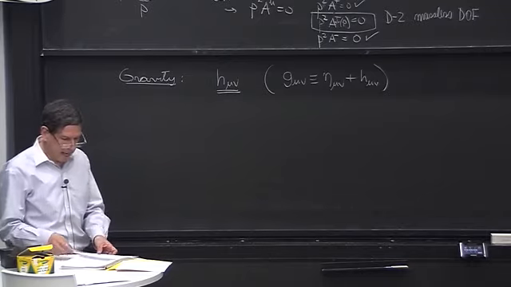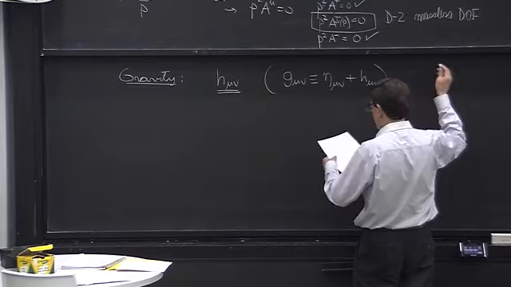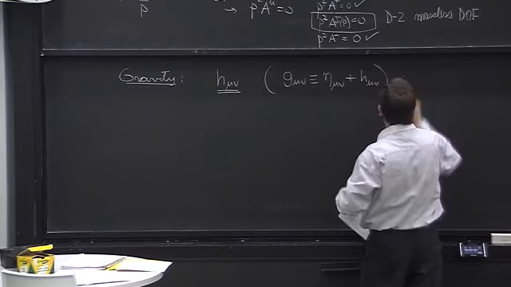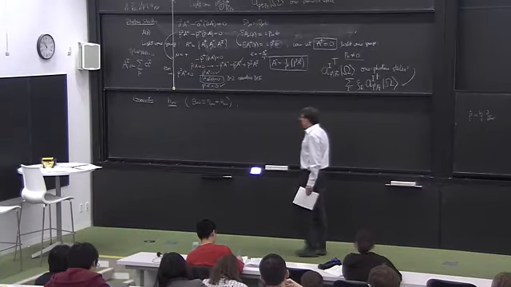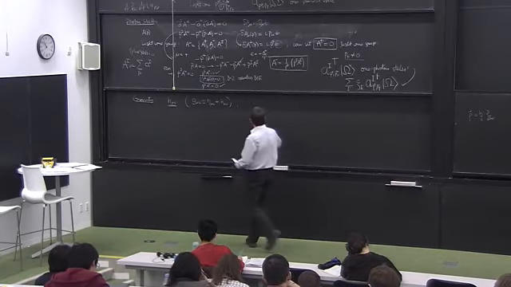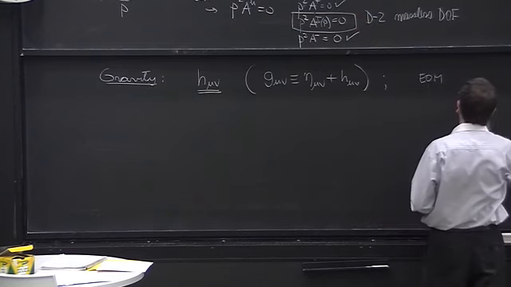Or we analyze the field h mu nu. Well, let me leave it like that. Now, this field has an equation of motion, just like the first equation there for the photon.